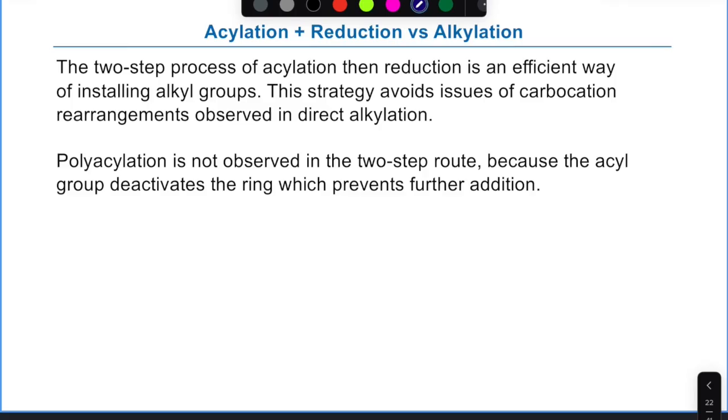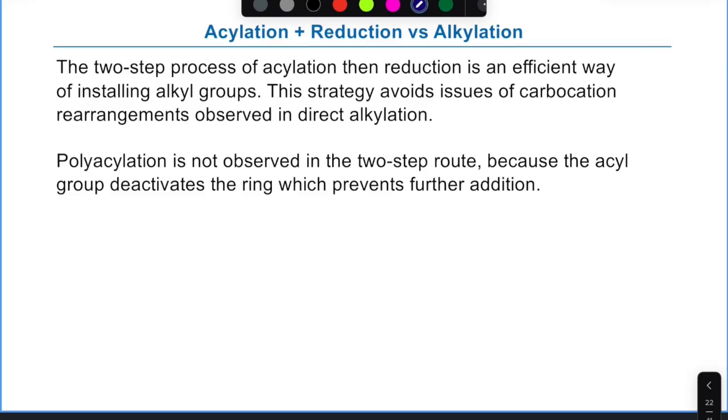So it depends really whether or not you want to use the alkylation or the acylation. It's up to you whether or not you need to generate a primary carbocation or a primary alkyl chain, or if you think your alkyl group is stable enough not to undergo hydride shift. It depends. In the lab, you probably would want to be safe, do acylation then reduction, but again, it really depends.